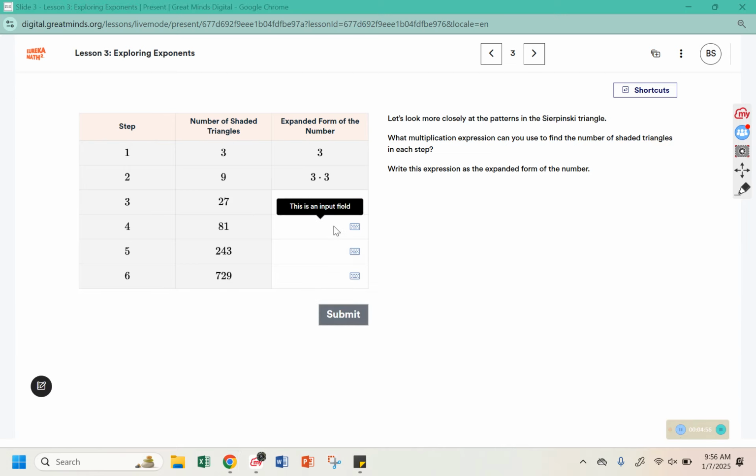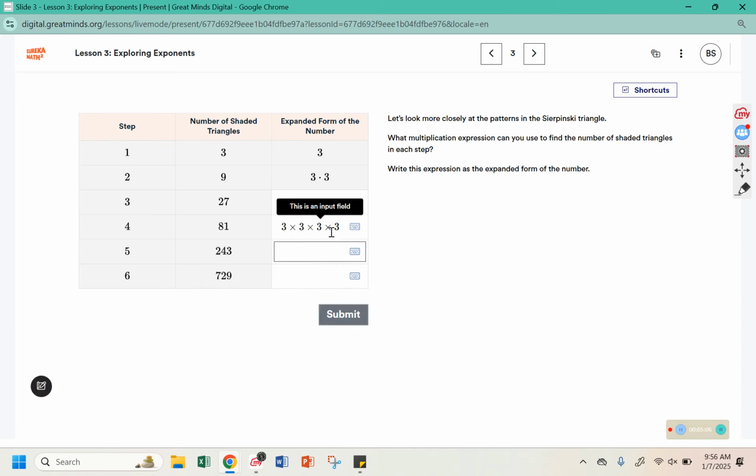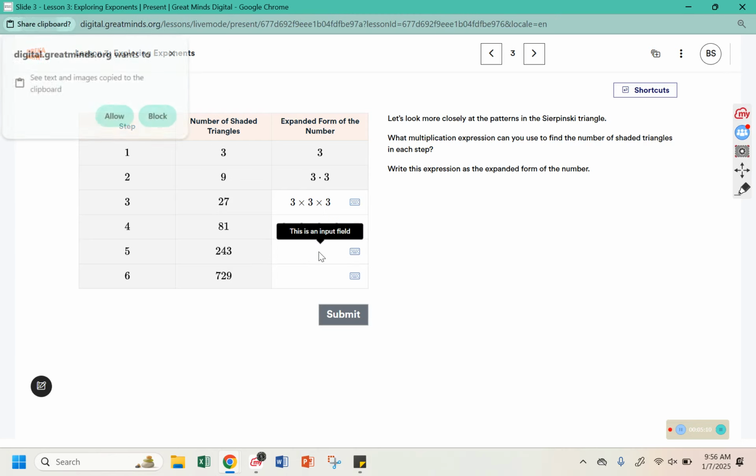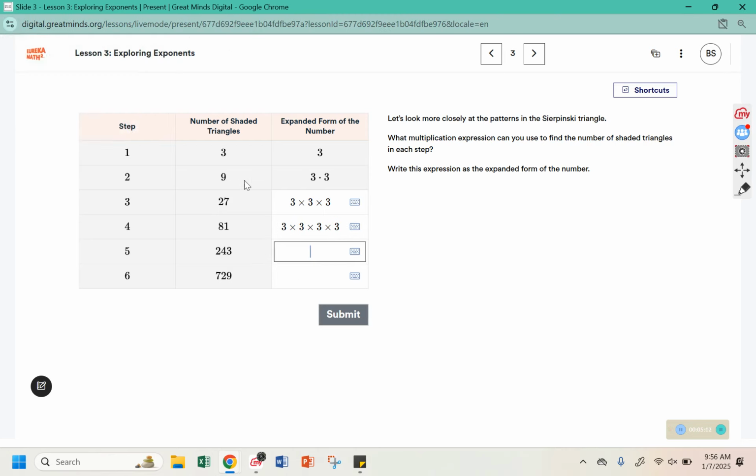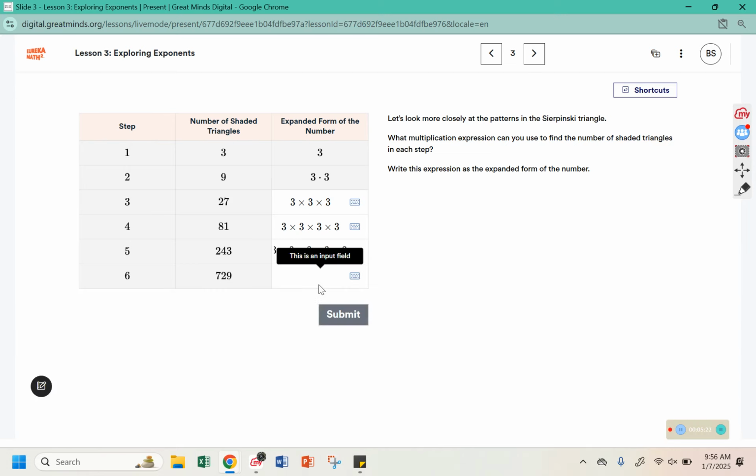This next one would be 3 times 3 times 3, and then we would triple it again. And the same thing for this one, but with an additional 3. Try that last one on your own.